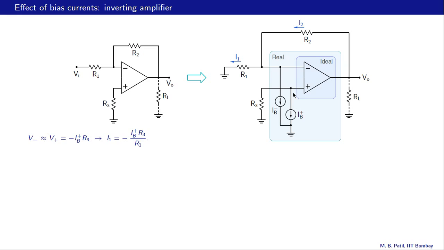And since this op amp is ideal, V minus and V plus are the same, therefore V minus is also equal to minus IB plus times R3. And now we can get this current, V minus divided by R1. So I1 turns out to be minus IB plus times R3 divided by R1.